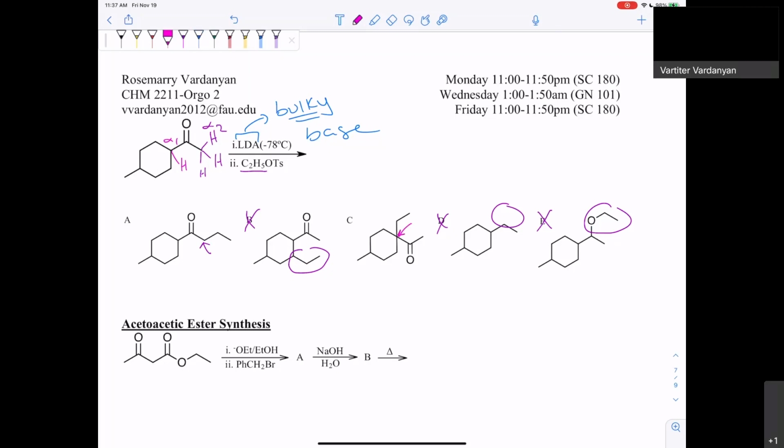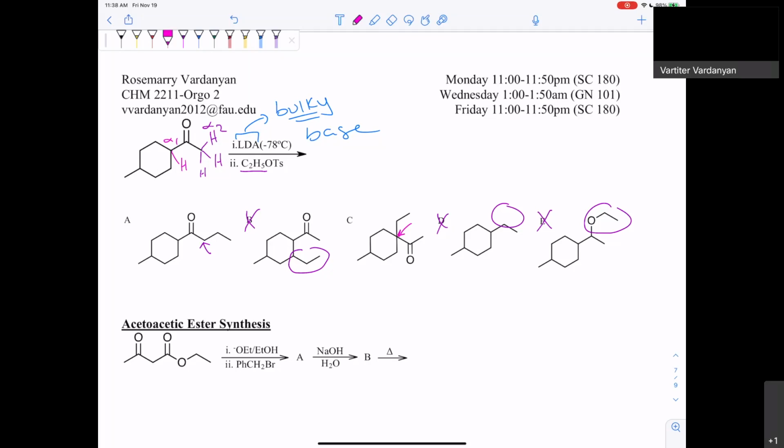So usually, if I had any other base, which side would we add it to? C, or alpha 1. Cool. But in this case, if he gives you a bulky base, we would go to the less sterically hindered side. So the only time we pick the less substituted carbon is if we have a bulky base.